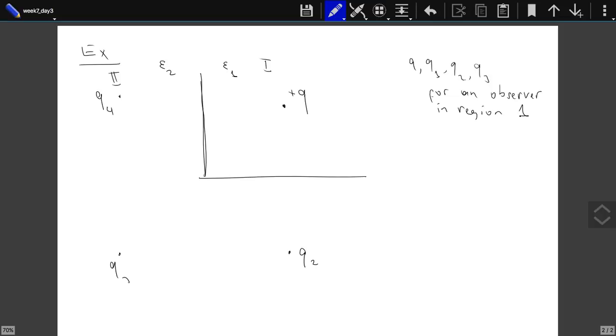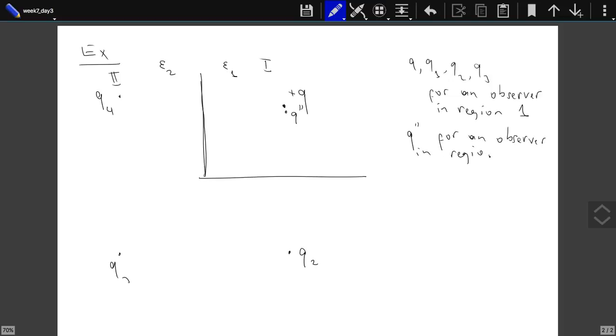What about region 2? There should be an image charge on the screen, Q double prime, for an observer in region 2.